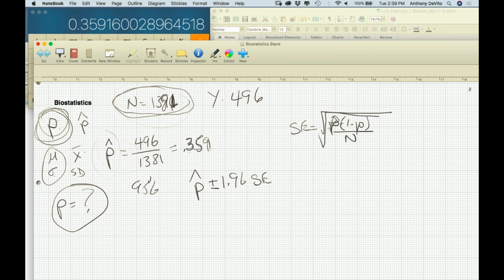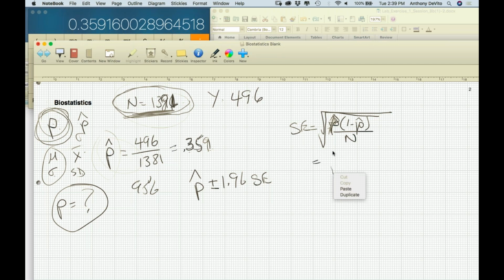So notice I said P, population proportion, because, just like knowing sigma, I really want to know it to make this valid. But since I don't know sigma, and this is almost always a very large sample, I'm going to go ahead and justify using P cap instead of P.